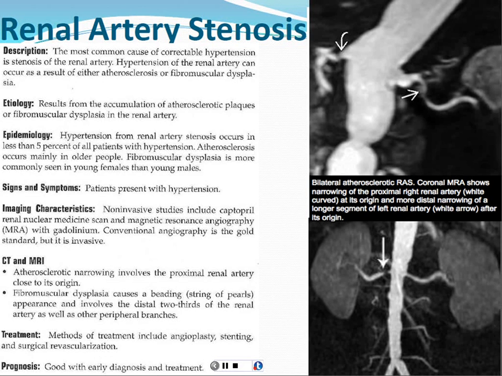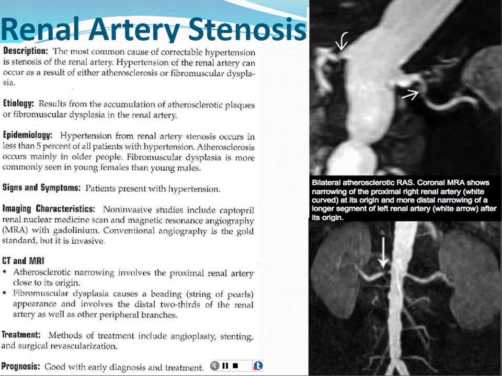Sometimes this is a little bit controversial in recent years, but sometimes if you put a stent across that and open it up, it may help save that kidney if the kidney still has good function left, and it may help with that hypertension if it's an uncontrolled hypertension. Usually this is caused, like I said, by atherosclerosis.